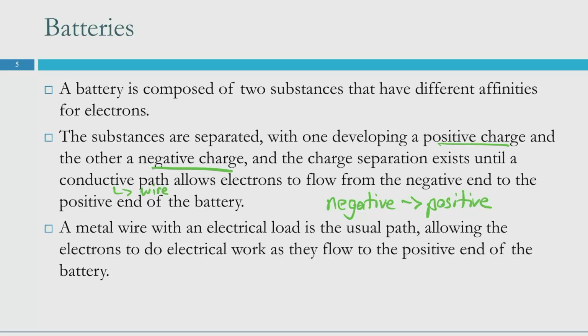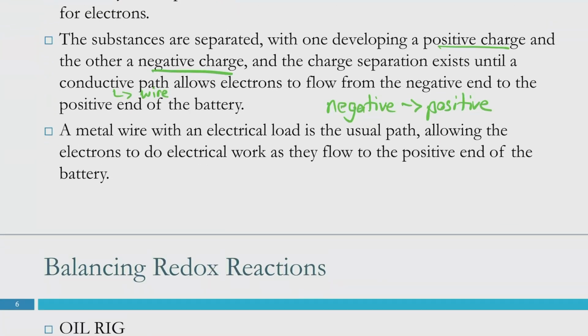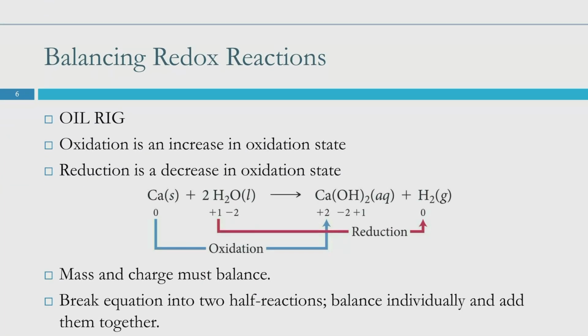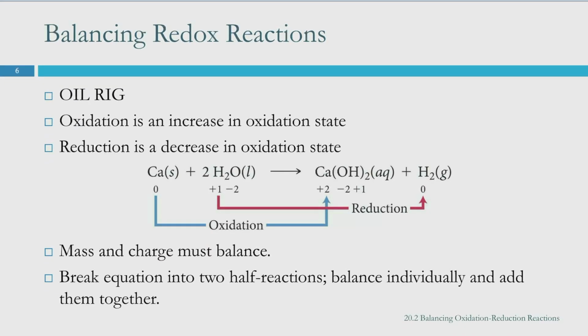And this is all within the realm of redox reactions, or related to redox reactions. So we need to remember how to do redox reactions. This will play an important role in electrochemistry. So we've got two mnemonics. One's listed here, OIL RIG. Oxidation is losing electrons.